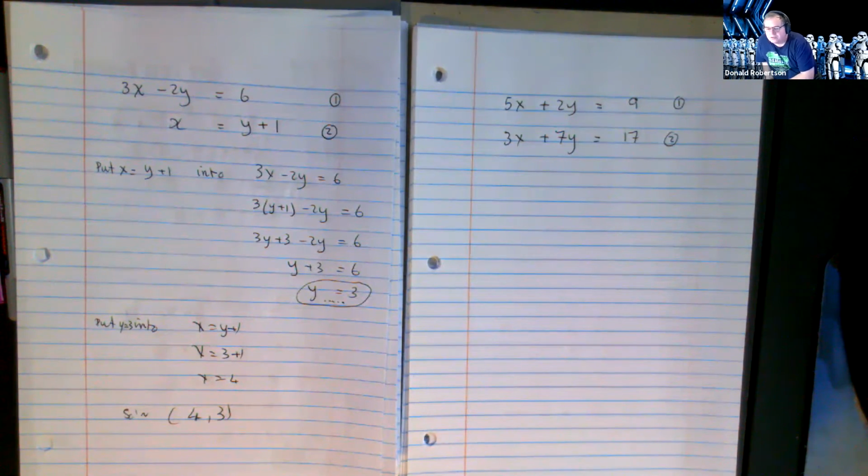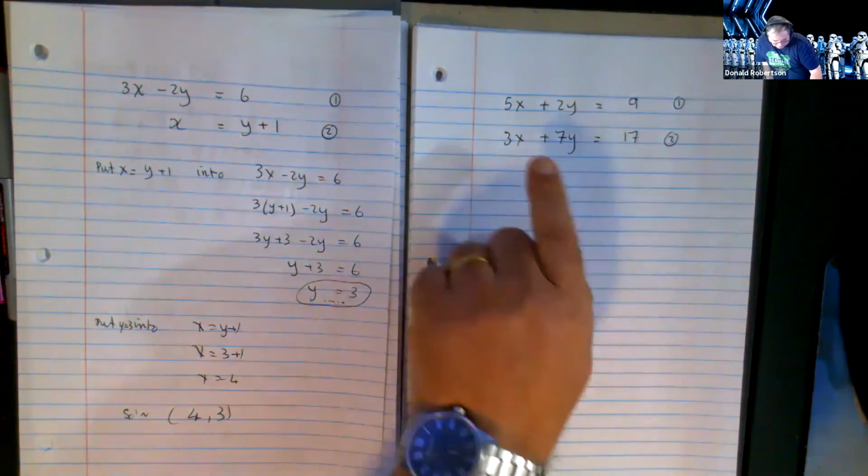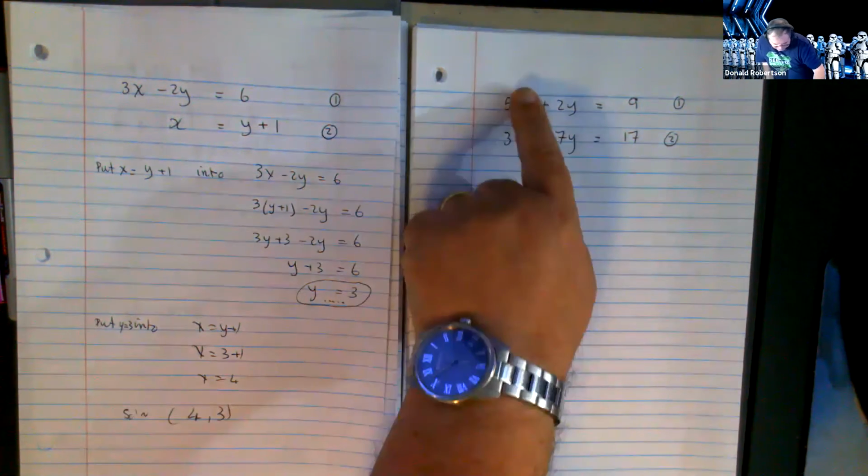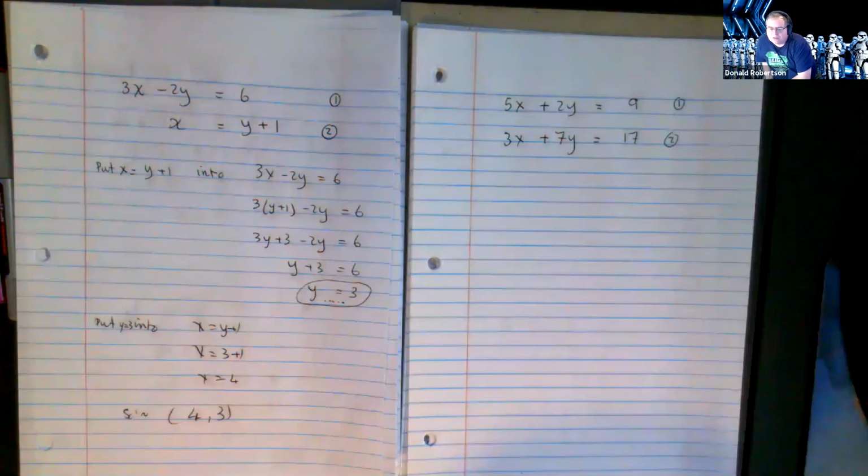It's called the addition method. Now in this case, we've got x's and y's in both equations, but we're nowhere near being able to add the two equations together. If I added them right now, all I would get is 8x and 9y, and that wouldn't be any benefit.